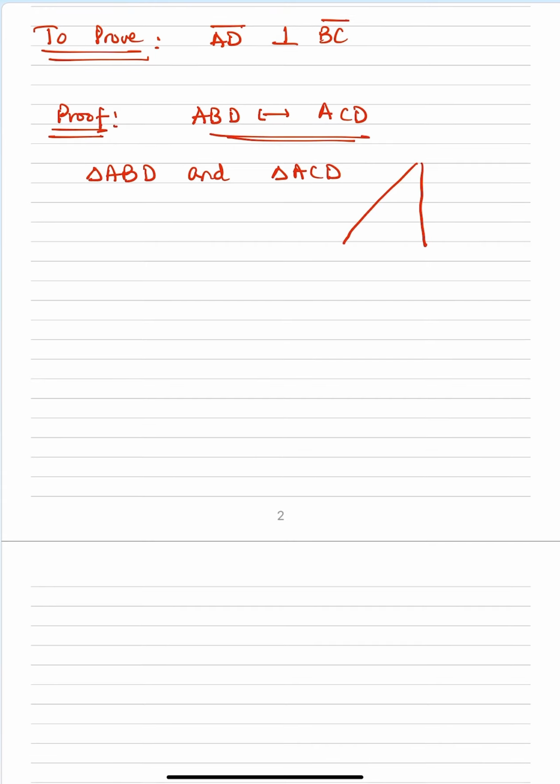See, let us draw the figures separately so you can understand. And the other one is ACD. Got it? Now here it is given to us that this side is congruent to this side. So here it is already given that line segment AB is congruent to line segment AC.